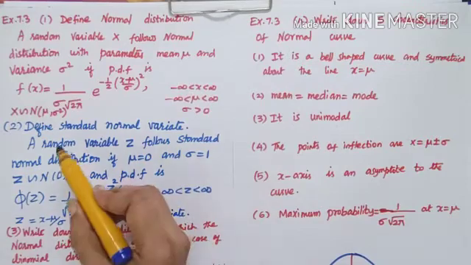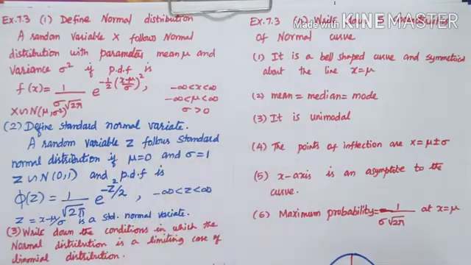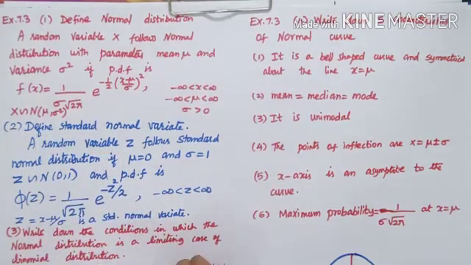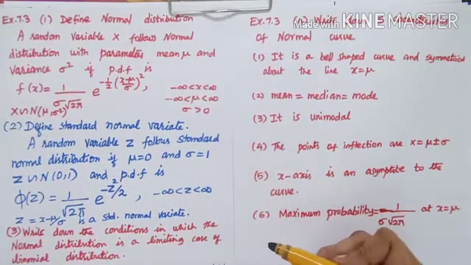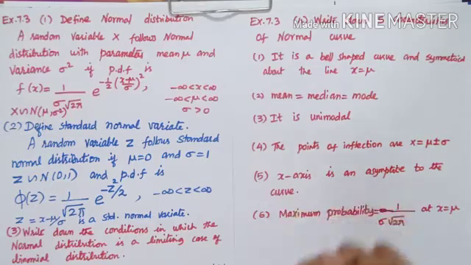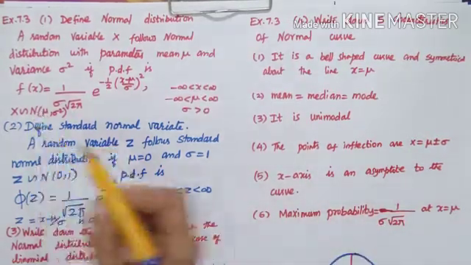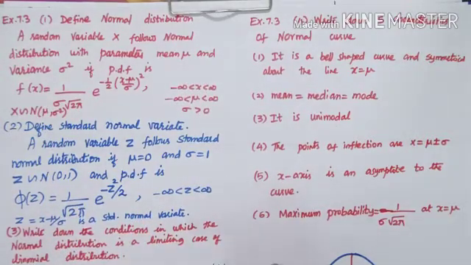Second question, define standard normal variate. Mu is 40 kg if I take weight, or mu is 5 feet if I take height. Mu keeps on changing depending on the question: height, weight, production, profit. It will be difficult for us to manage the right side or left side.